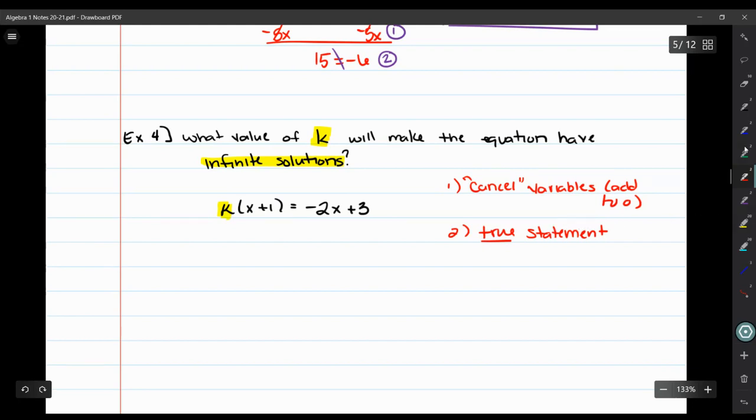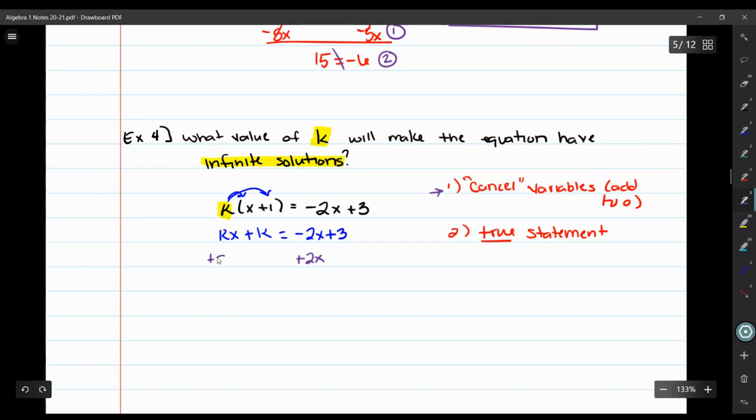So let's solve it like we did before. Multiply k in, so k times x is just kx. k times 1, that's actually easier, that's just k, equals negative 2x plus 3. So let's talk about the first thing that has to happen, making our variables add to 0. So I'm going to go ahead and move the variable that we do know. I'm going to move this negative 2x over.